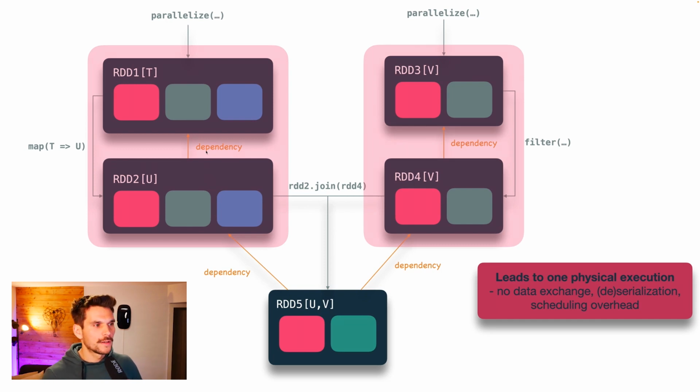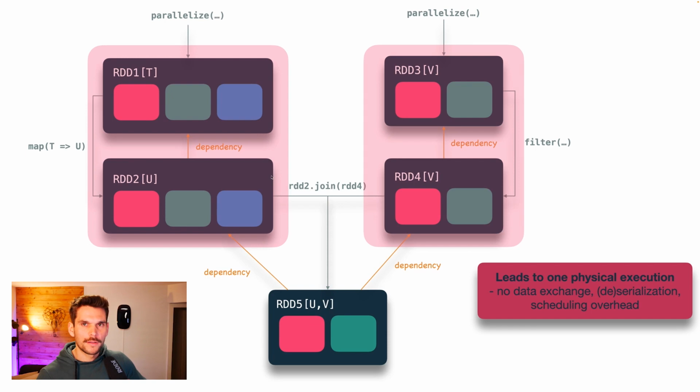And therefore, we don't have to schedule these two evaluation functions one by one, but we can combine them or consolidate them into one execution acting on the records. So pipelining means that Spark consolidates the evaluation of narrow transformations and schedules them as one task on our cluster.